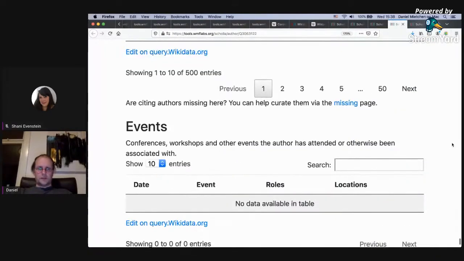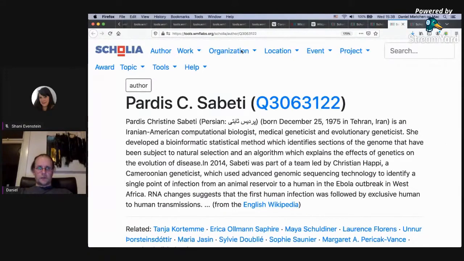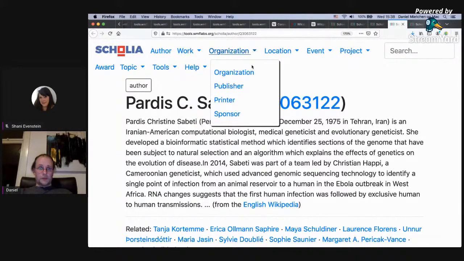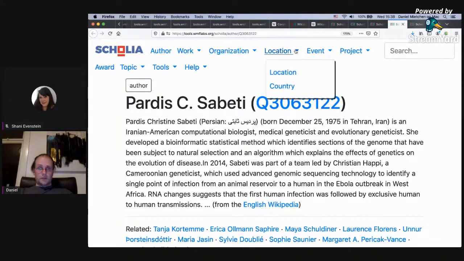And then while we're at this, I would just like to point out we have other kinds of things that we could profile. Maybe just briefly mention that. So we can go for a publisher, printer, also conference series and things like that, or an individual paper. We can also go for a research organization, for instance, a research funder. We can go by location. We could go look at just Israel or so, but the more complex the queries get, the more likely it is actually that they will time out.